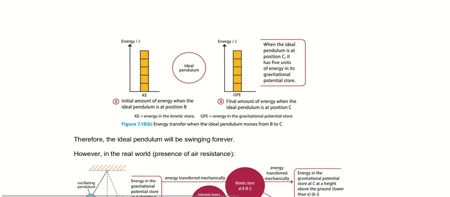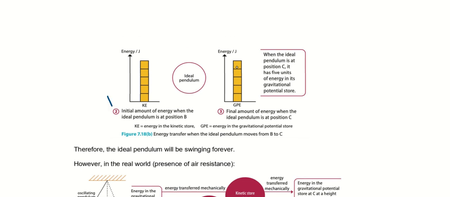Then as it moves to C, it transfers 5 units of energy in the kinetic store to 5 units of energy in the gravitational potential store.